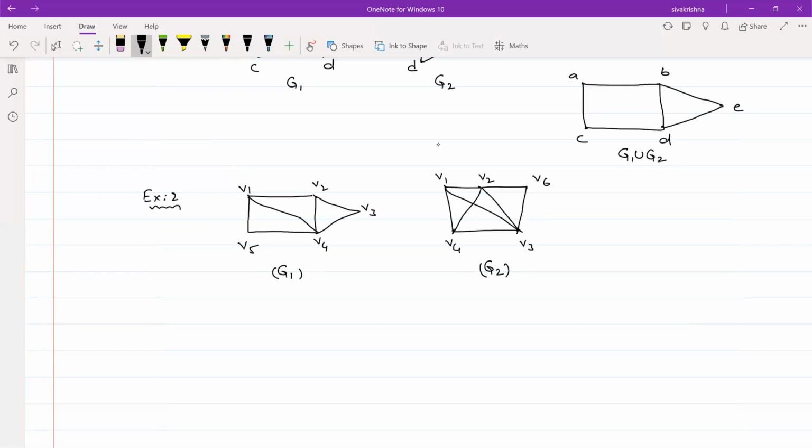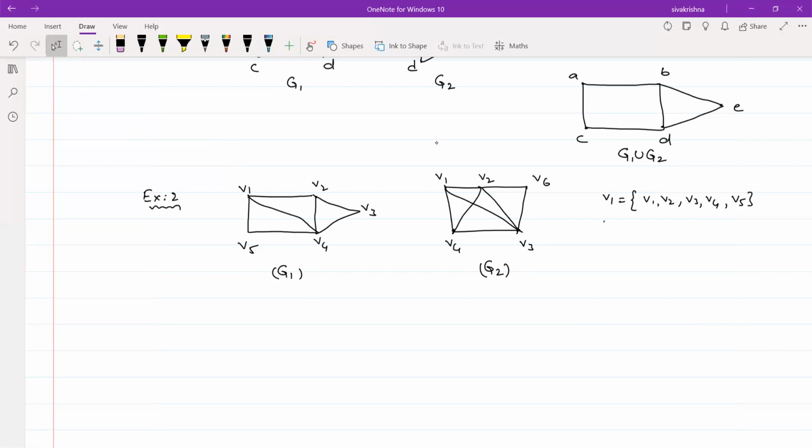Now if you want to find the union of these two graphs, first of all, in graph 1 we are having the vertices V1, V2, V3, V4 and V5.